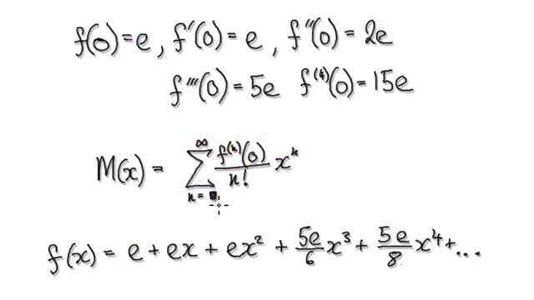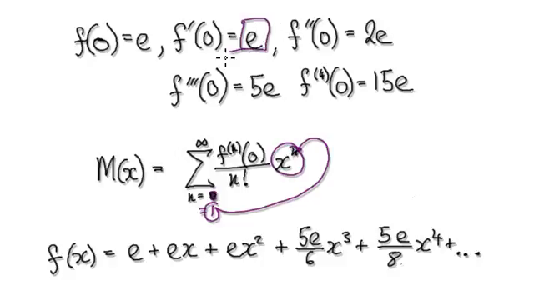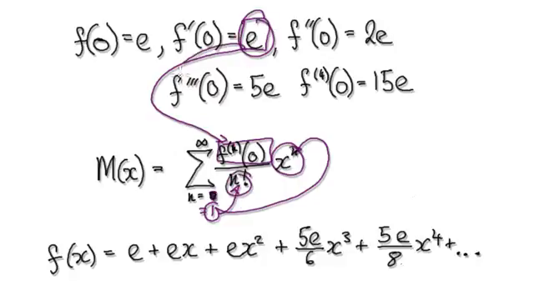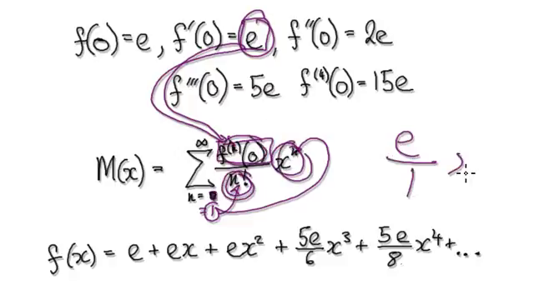Now n equals 1. We've got to put it into here. So this will be x, and then 1. So that's the first derivative. So we've got to put this into here, and then 1 into here. So when you put this into here, this thing here will be e over 1, and then this will become x here.